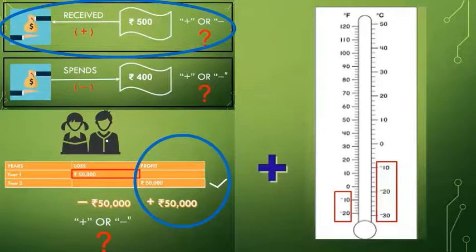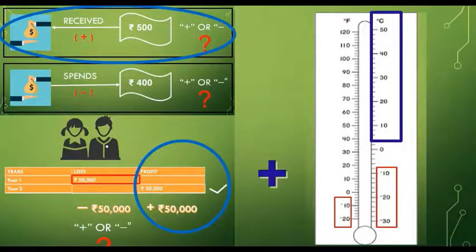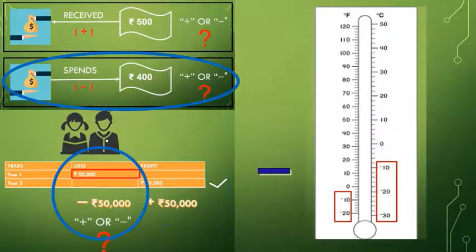Using all these illustrations, we can say that when a person gets pocket money, the degrees above 0 degrees Celsius, and a profit of 50,000 rupees is represented by the plus sign. And for the opposite, a person spending 400 rupees out of their pocket money, a loss, and the degrees below 0 can be represented by the minus sign.